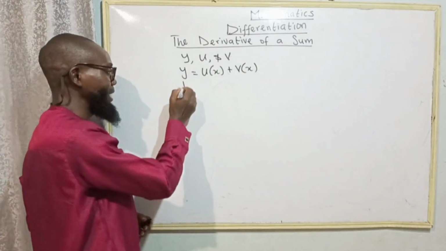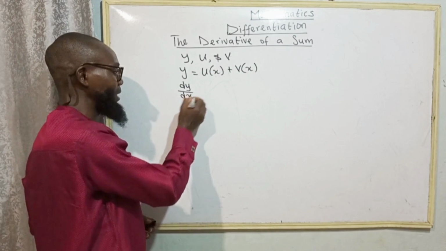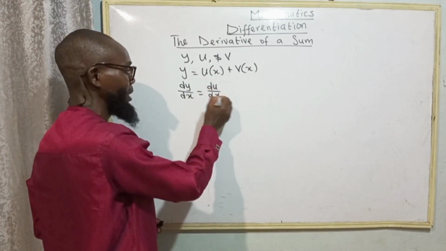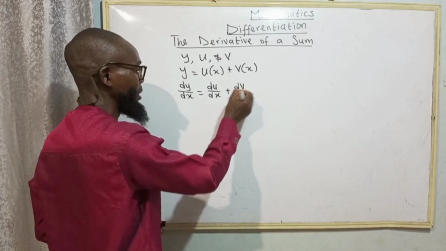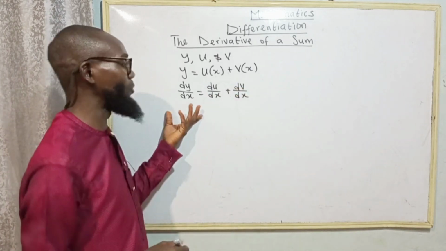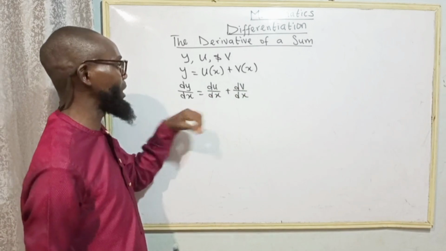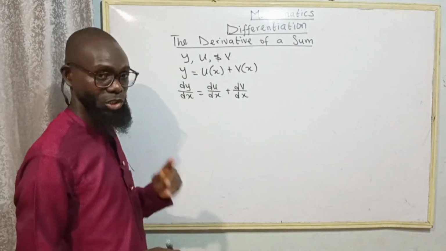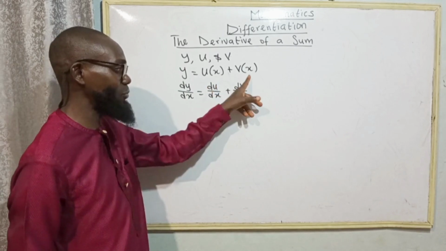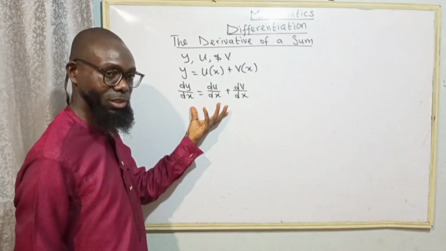Then dy/dx is going to be equal to du/dx plus dv/dx. That is, the dy/dx of this function will be the derivative of the individual functions. So we differentiate u of x and v of x to give us this.